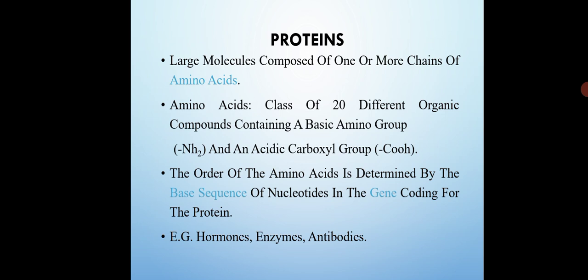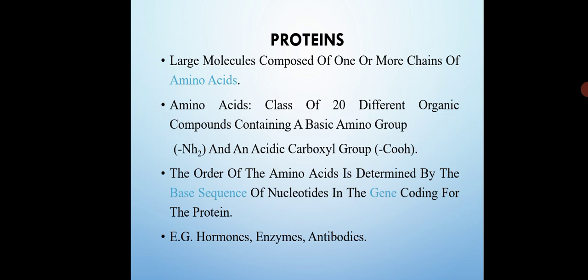And second important after DNA, the biomolecule will be the protein, which is a large molecule composed of one or more chains of amino acids. These amino acids are very important molecules that make up the protein structure. There are 20 different organic compounds containing a basic amino group and a carboxyl group.